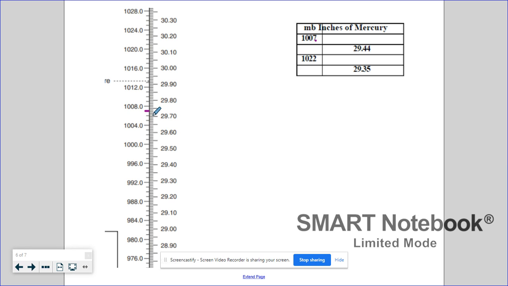If I count up, this would be 29.71, 29.72, and it looks like 29.73 is where it lines up. So I would write over here, and pardon my writing, 29.73.